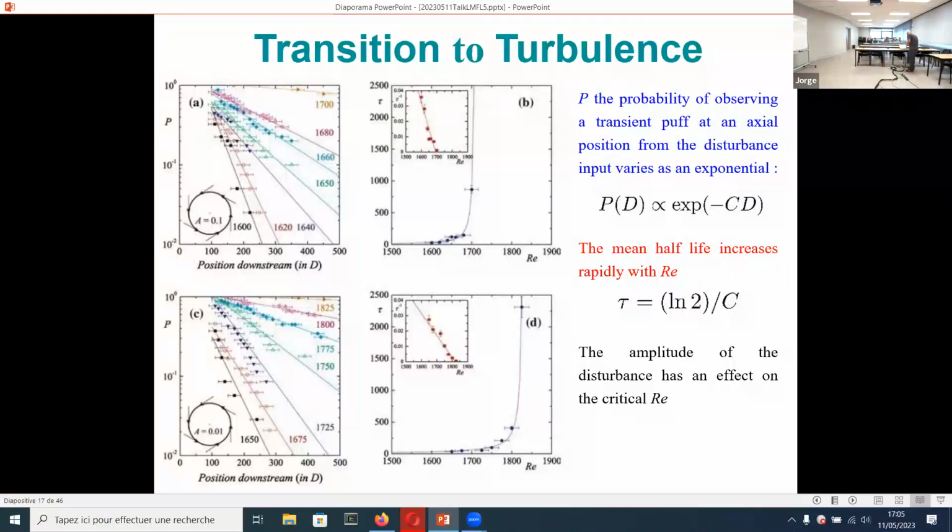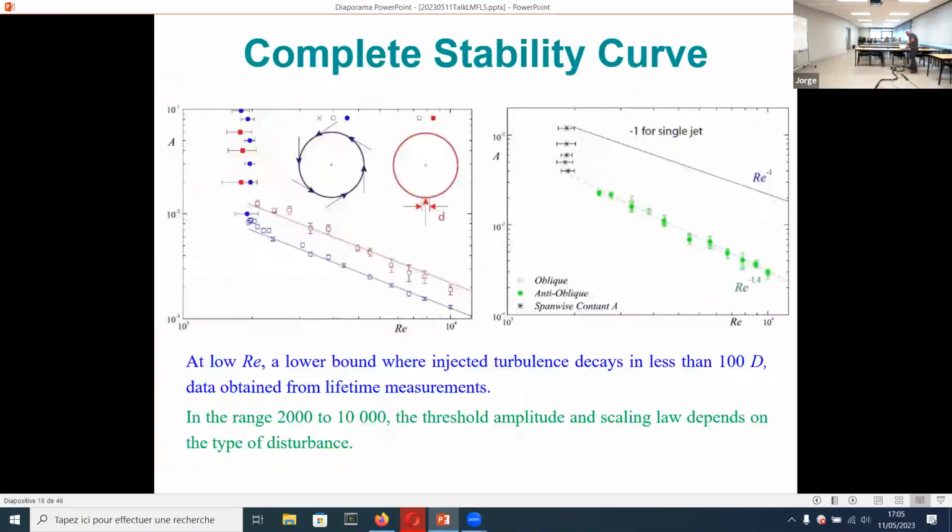critical Reynolds number. So we use this data that I showed you, the probability of puff to die, as an error bar for these points here in the lower bound. And with this, we completed our stability diagrams.